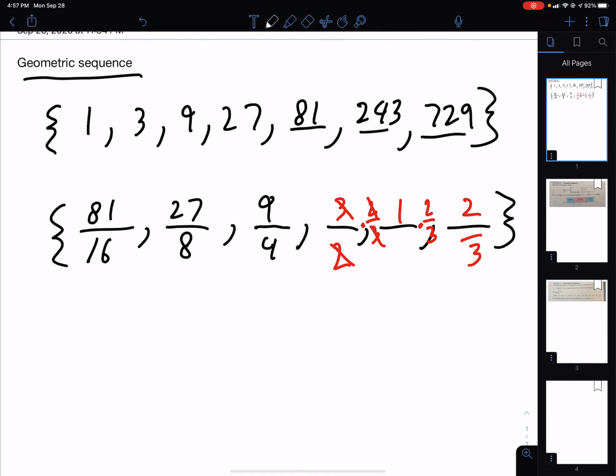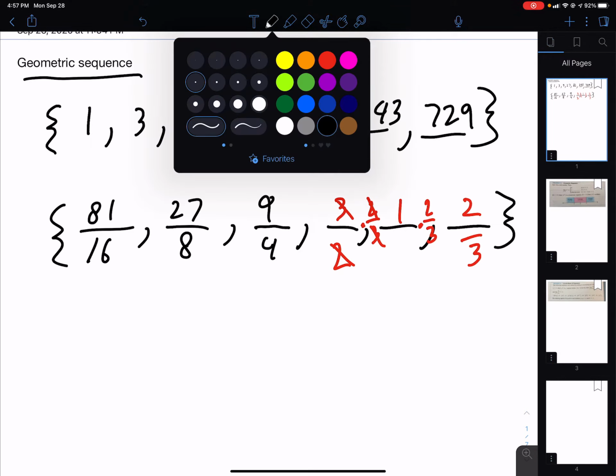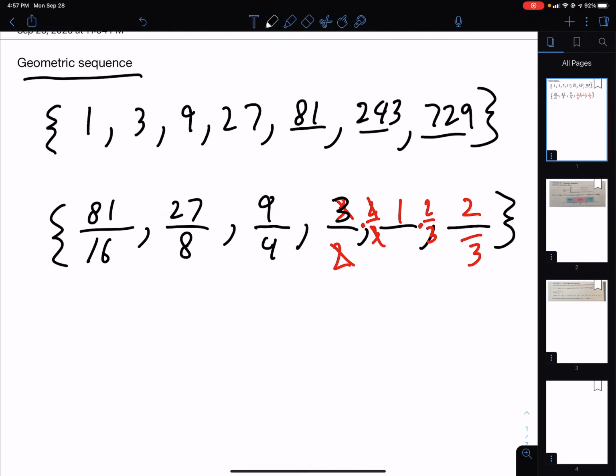So what is a geometric sequence? It's when the next term is figured out by multiplying by the same number over and over. So you just keep on multiplying by the same number.